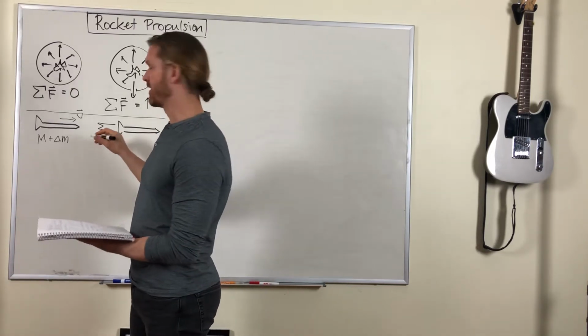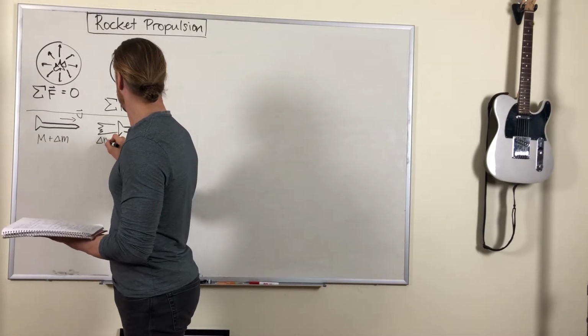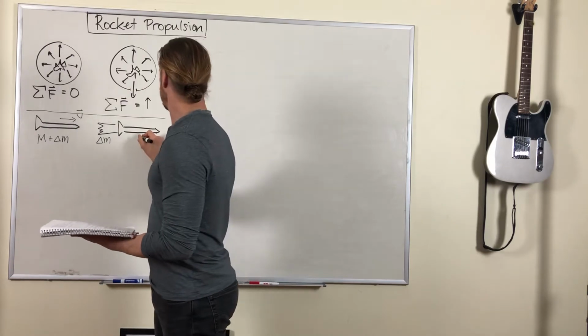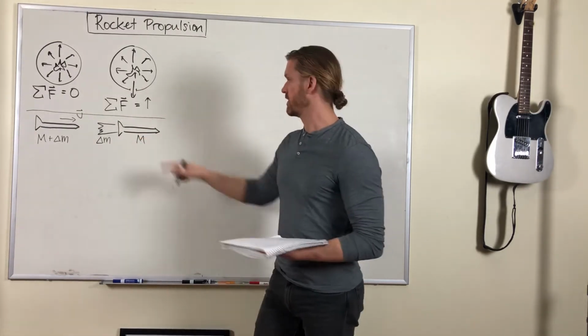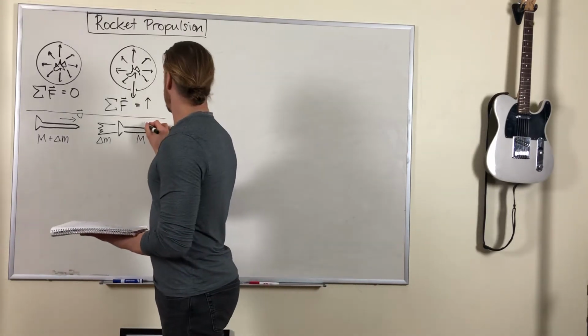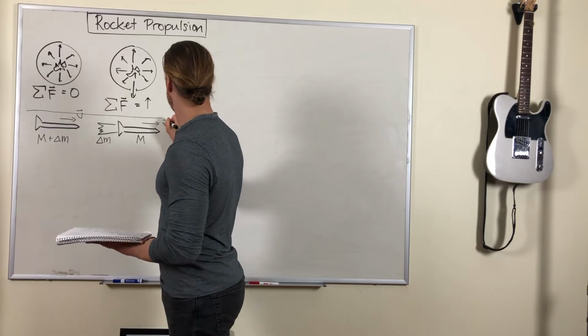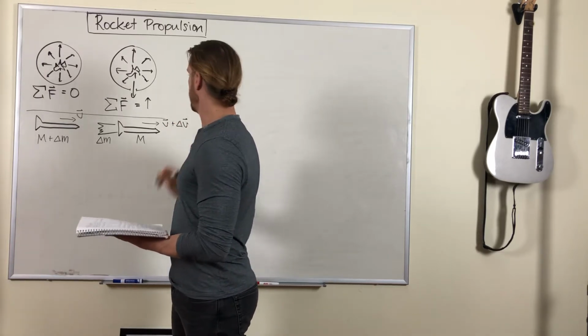In the second picture, the expelled gases have this mass delta m, and the rocket plus whatever gases are left over has a mass m. And this rocket has sped up. It has a new velocity v plus delta v.